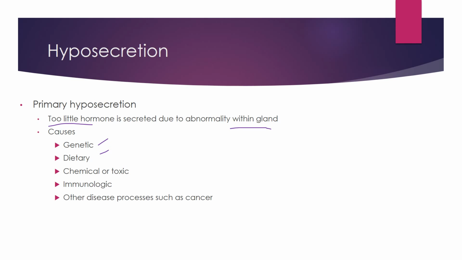And so that has been combated though with putting iodine in salt, and so the hypothyroidism has been on the decrease. Also, there's chemical and toxic exposures within the environment, immune problems, other diseases such as different cancers.